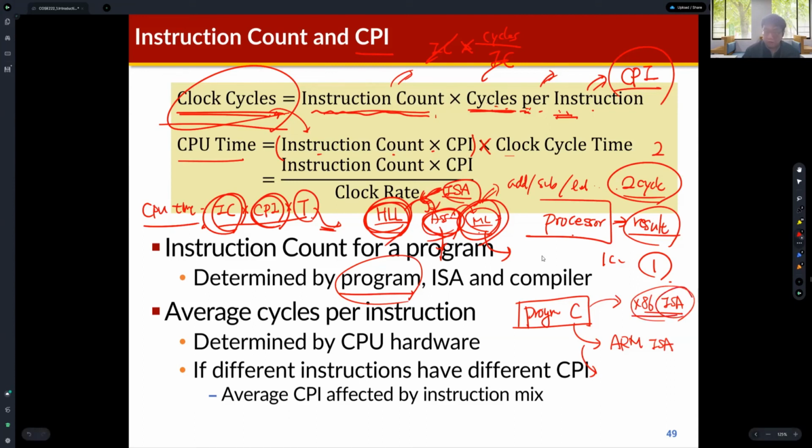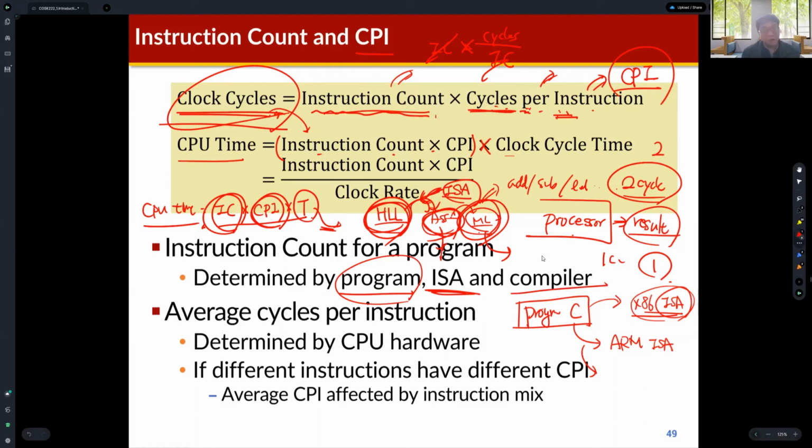Because the instruction set architecture is different, and compilation is a translation process, the final number of instructions can be different if different ISAs are applied. So instruction count is also determined by the ISA, like x86 or ARM.